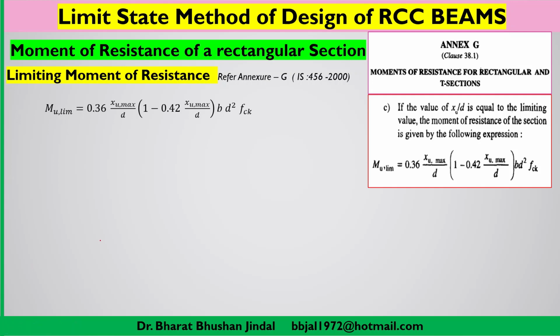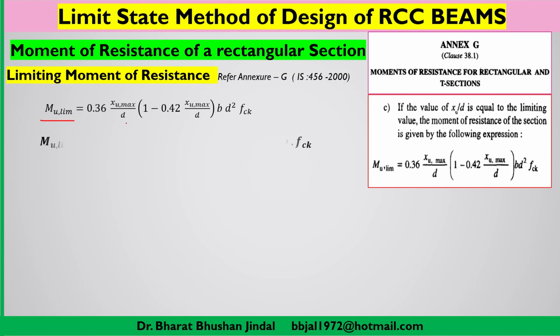So till this we are able to understand and do the calculation regarding finding the ultimate moment of resistance as well as limiting moment of resistance, which is restricted by IS 456. Now if we analyze this formula very carefully, that means what are the various factors, what are the various values which we are using in the calculation of limiting moment of resistance.